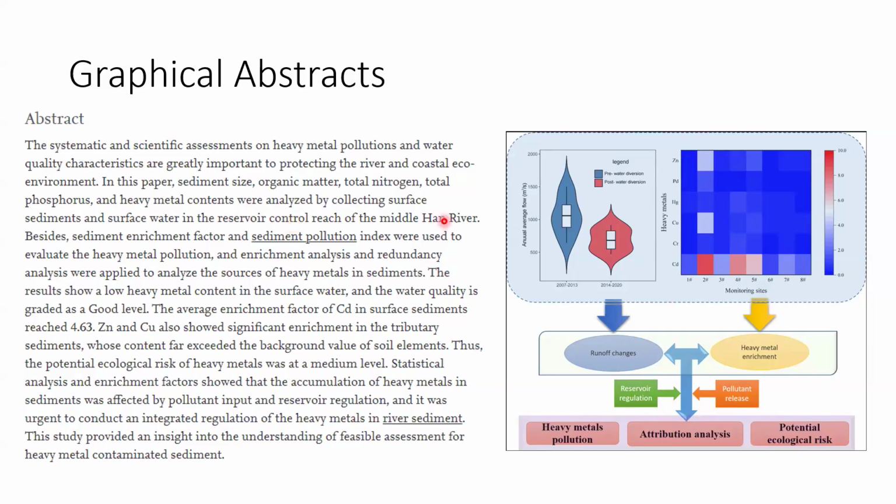Now they have put these statistical plots and flow charts at the bottom. So they are all very well used, right? Now you need some extra effort to make the graphical abstract.